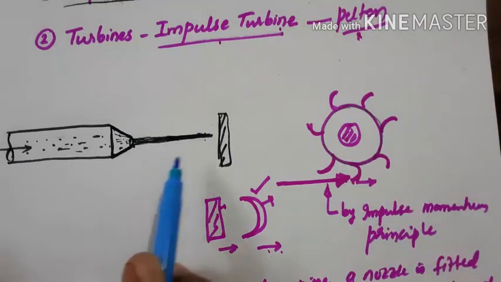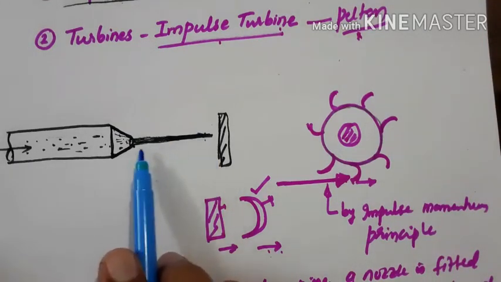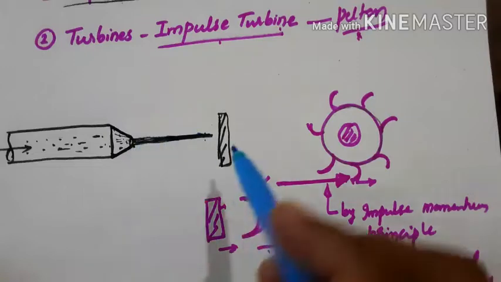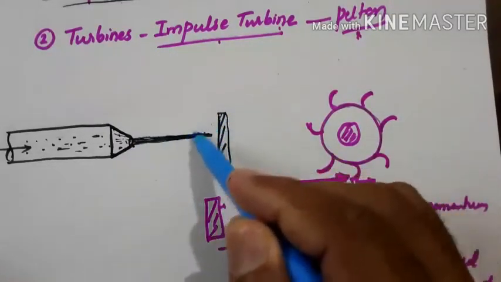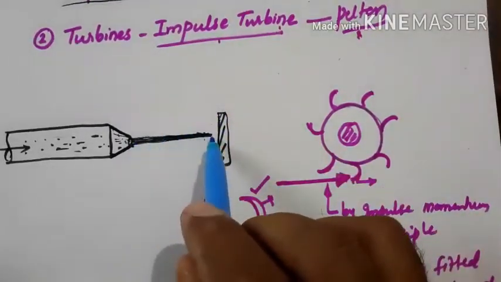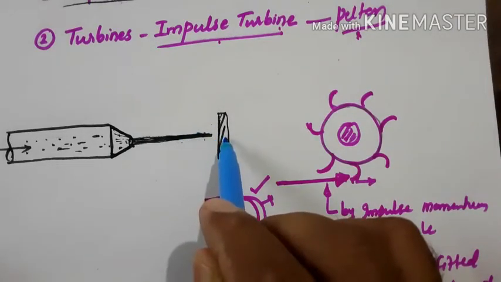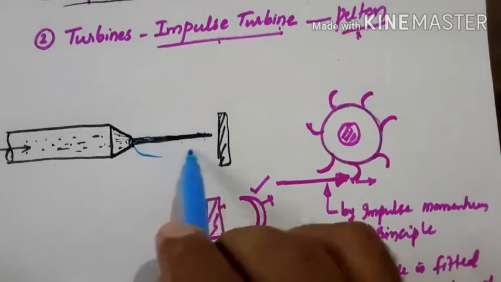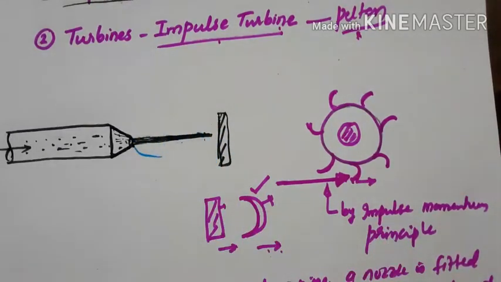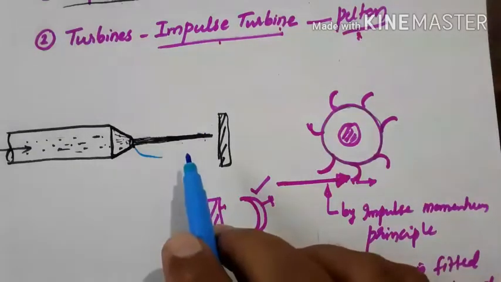If anything comes in the path of the jet, the jet will exert a force on the plate, also called a vane, and that force is called hydrodynamic force.